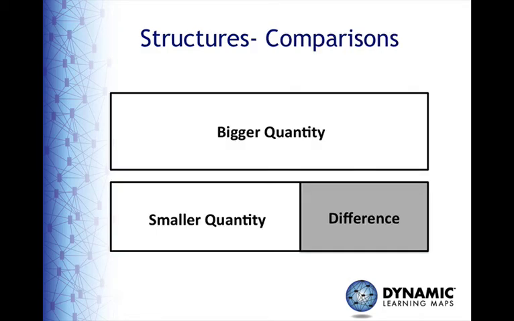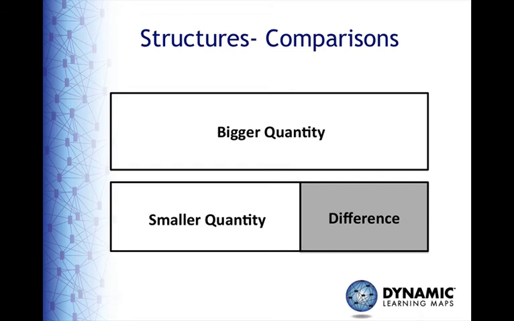Compare problems involve the comparisons of 2 discrete sets of objects and identifying smaller or larger quantities, differences between quantities, or ratio relationships. Here again, there are 3 problem possibilities. The difference is unknown, the bigger quantity is unknown, or the smaller quantity is unknown.